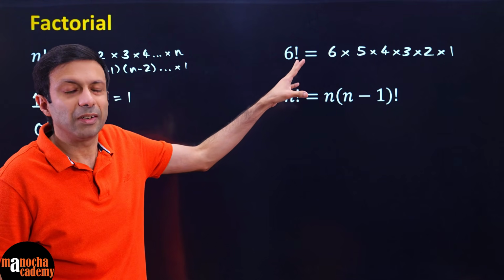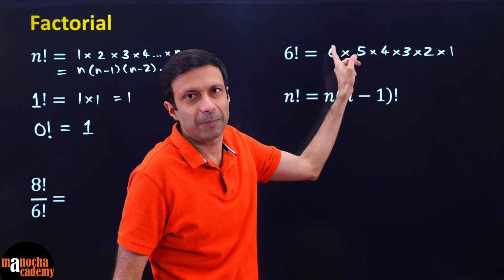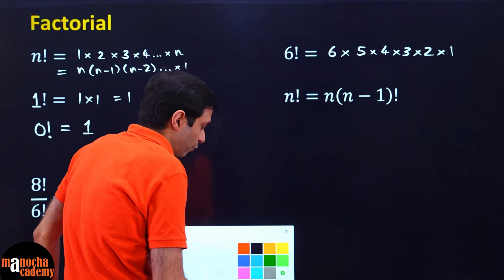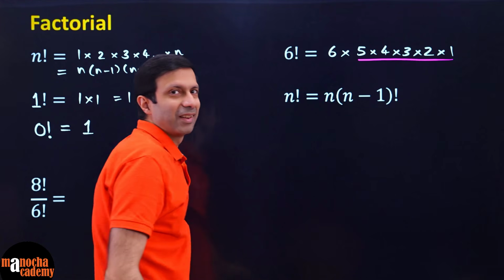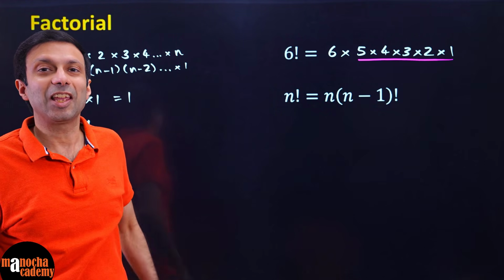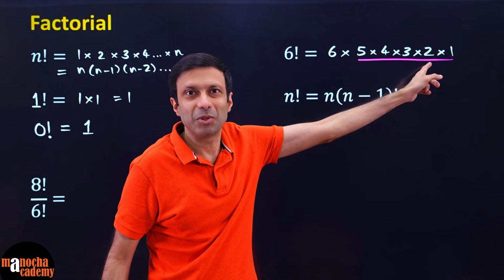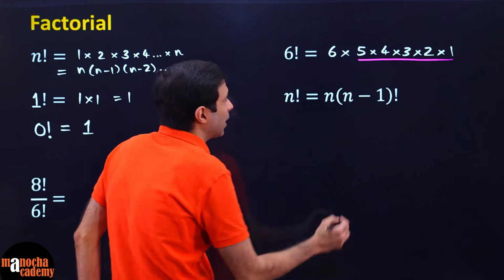But you'll see why I've written in this reverse order, because if you look at this part after 6, 5 times 4 times 3 times 2 times 1, what is this part? That's right, it is nothing but 5 factorial. Can you see? 5 times 4 times 3 times 2 times 1. So basically 6 factorial can be written like this.